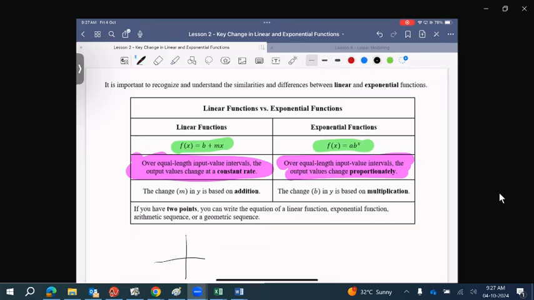You can't tell the difference. If you've got 2 points like here and here, you can draw a straight line through these points. You can also curve an exponential function between these 2 points. So you're going to need more than 2 points to tell the difference between these types of functions. Or if you're asked to put a linear function through it, then you can do it through 2 points.